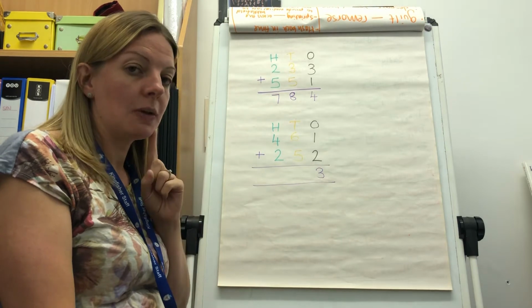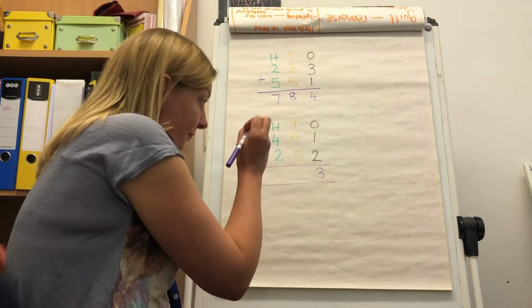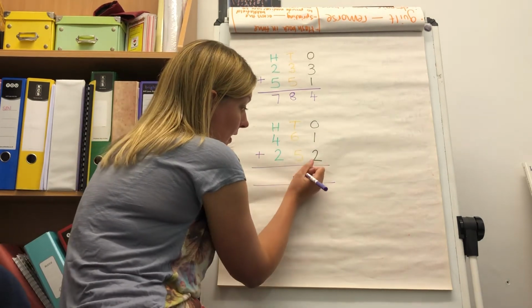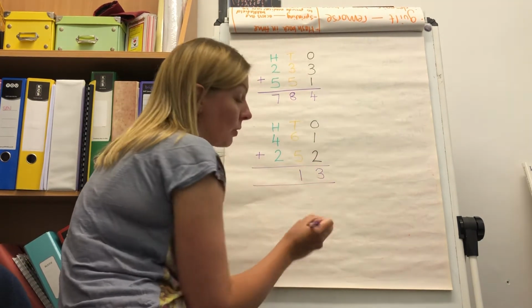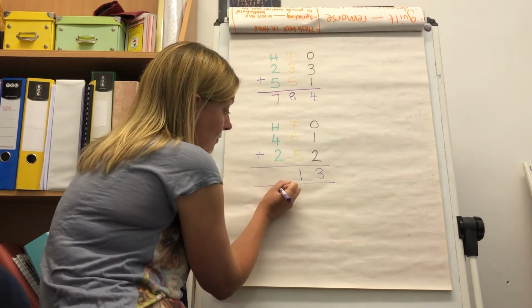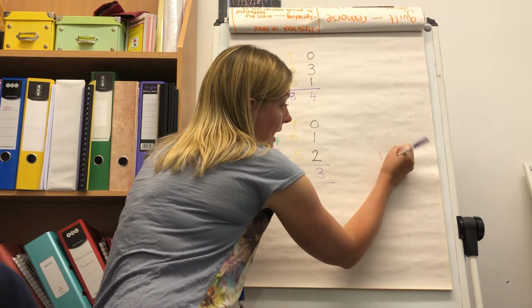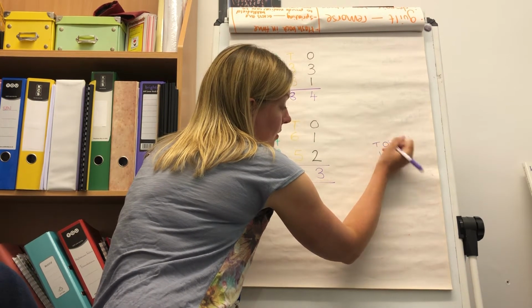Oh, now 11. Remember what we need to do here for our 11. The 1 that would be in the ones column of our 11 comes here. The 1 that would be in the tens column of our 11, we write under here. So if we think of the number 11, we've got tens and ones.